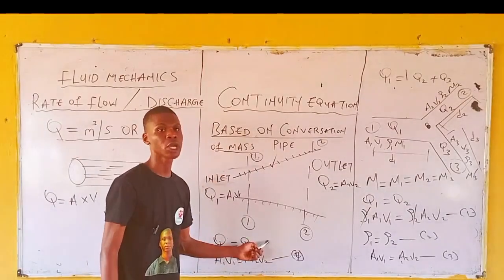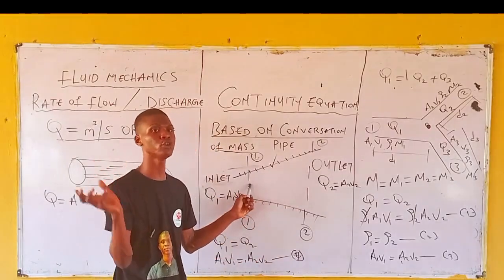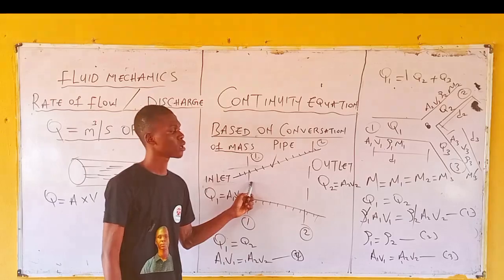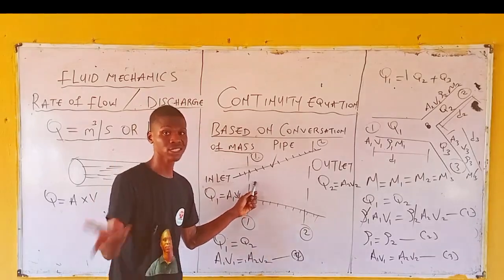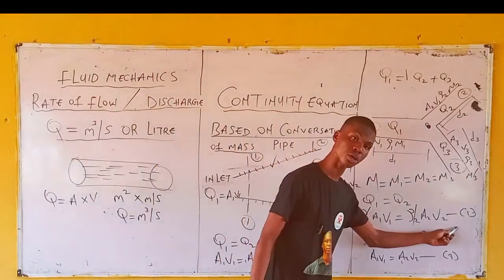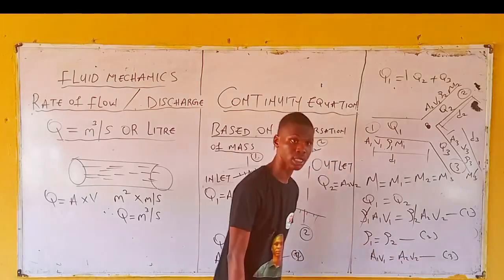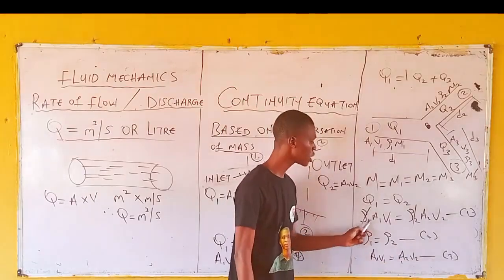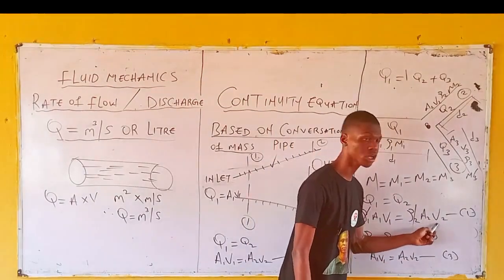What this is telling you, the fluid in this pipe, is it a compressible fluid or incompressible fluid? We said for this fluid, check what you have in your notes, the density is constant. Meaning from equation 1, the continuity equation, the inlet is equal to the outlet. Rho 1, area 1, velocity 1 is equal to rho 2, area 2, velocity 2.